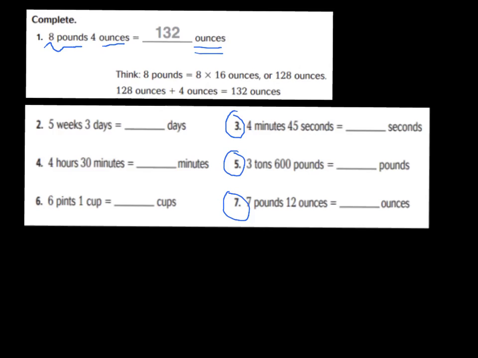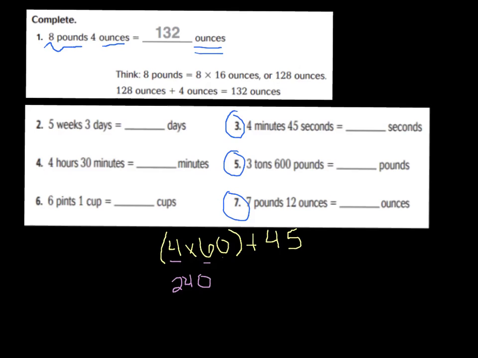So what my problem is going to look like is this. I'm going to have my 4 times 60, because in 1 minute there are 60 seconds, but I have 4 minutes. Then whatever I get for 4 times 60, I'm going to add 45 seconds to that, and then I'll get my answer. Well, 4 times 60, I know that 4 times 6 is 24, and then I add my 0.